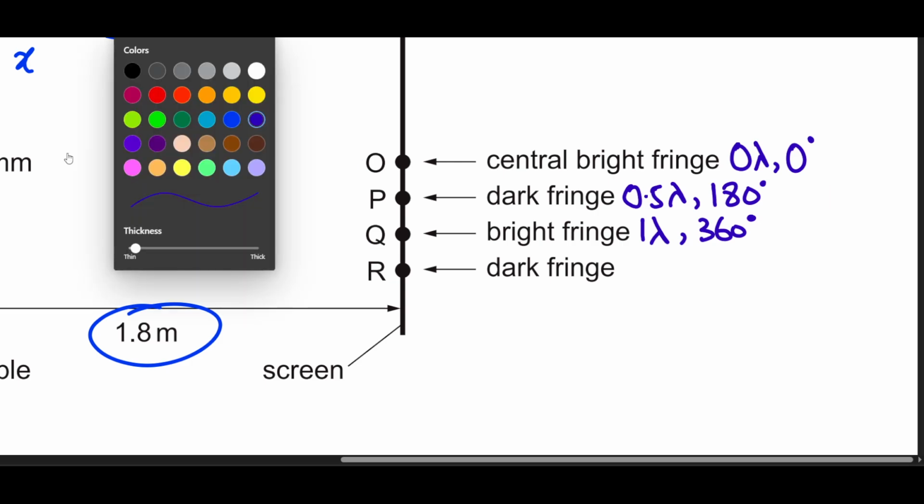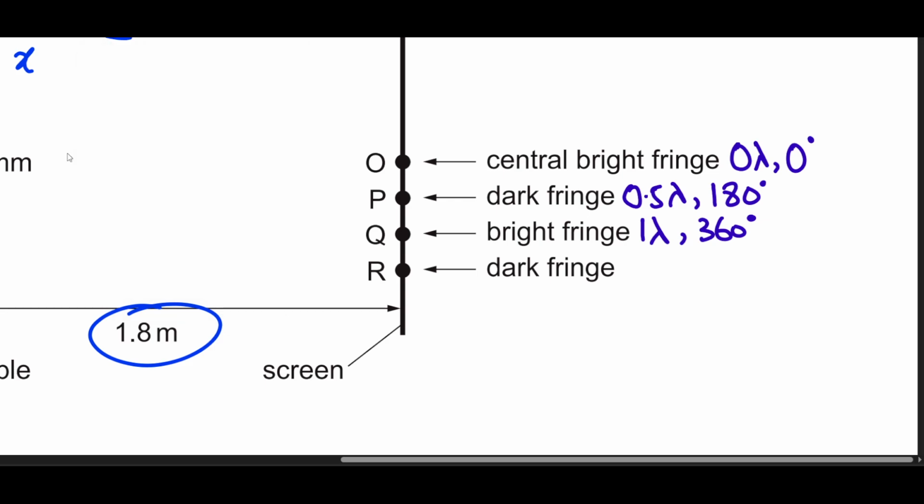Now, if you have identified the pattern, you will see that when you move to the next dark fringe, this will be 1.5 lambda path difference and 540 degrees of phase difference. How do you get this 540? When you move from bright to bright, you simply keep on adding 360 degrees to the previous answer.